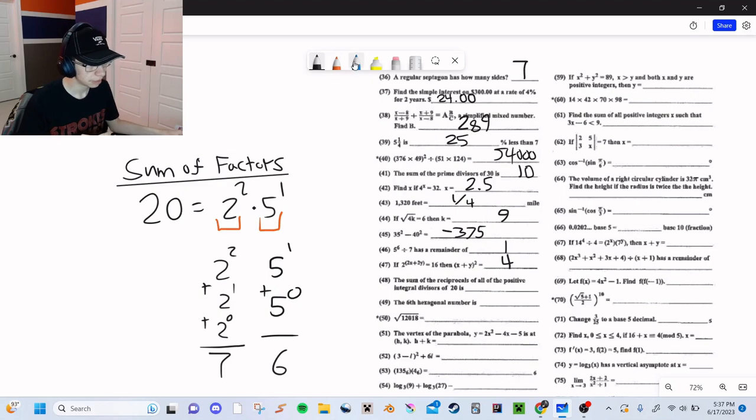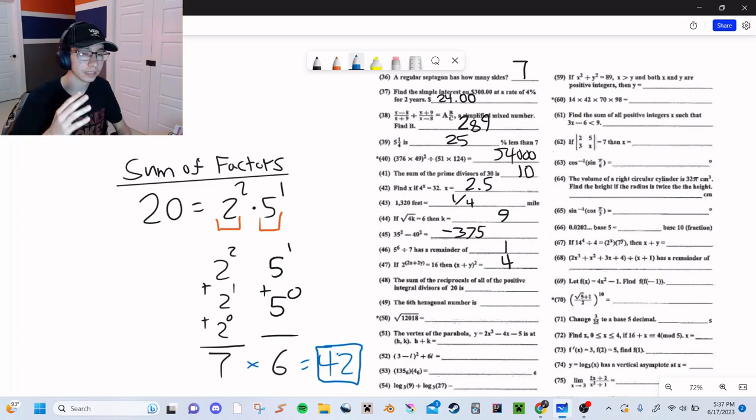Now I'm going to take these sums that I got for each prime number in my prime factorization and multiply them. And that product gives me the sum of the factors of 20.